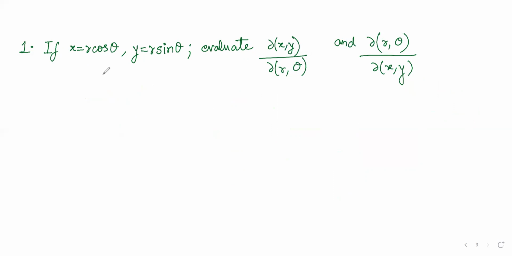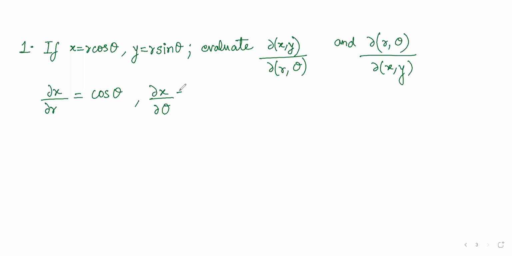So first we will find delta x by delta r. Delta x by delta r will be cos theta, from this expression. Okay, delta x by delta theta, here we will find, will be minus r sin theta.